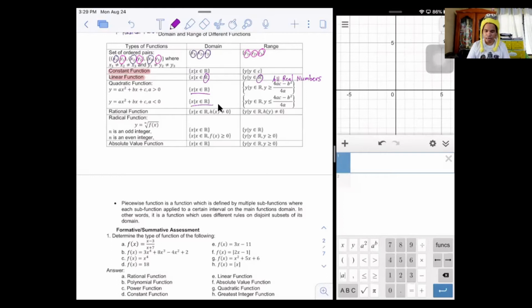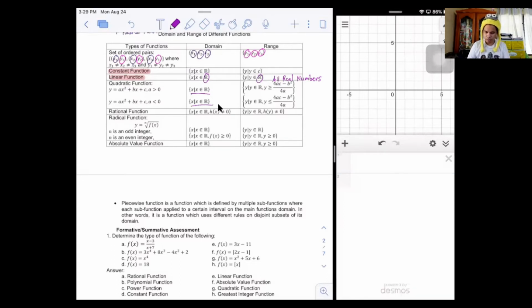Asa man siya maglahi-lahi sa range. Kani. Okay? So we will dig deeper into that. That is why dapat ma-remember ninyo kung unsaon pag-convert ang atong quadratic function into its vertex form.